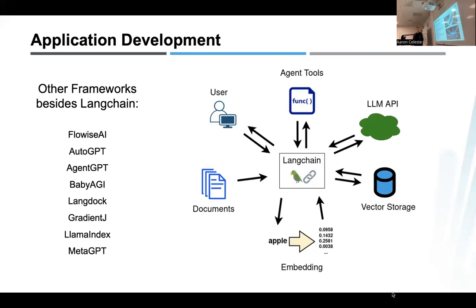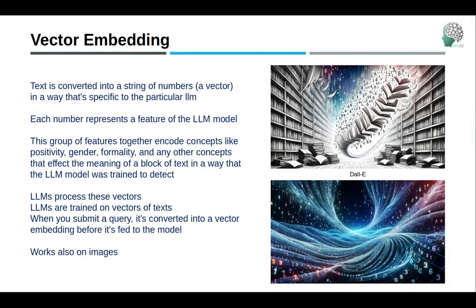So vector embedding. As Himanshu talked about, you can make text into these lists of numbers, and these numbers are features of the large language model. And this list of numbers will together encapsulate the semantic meaning of the text.